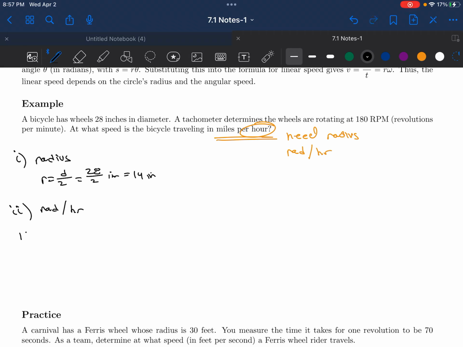So we know we have 180 revolutions per 1 minute.